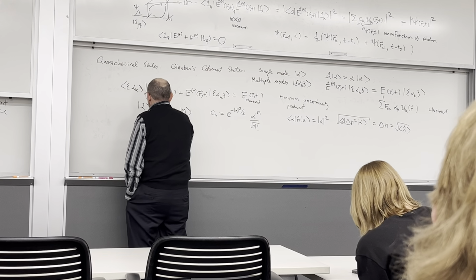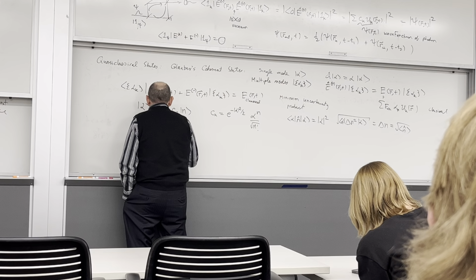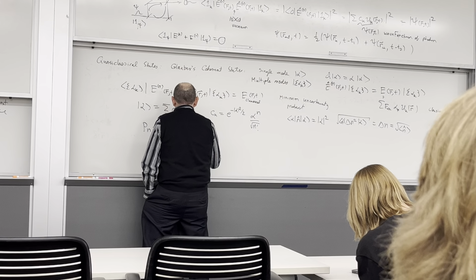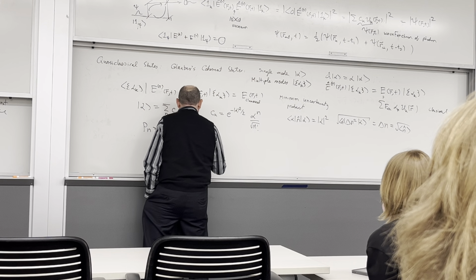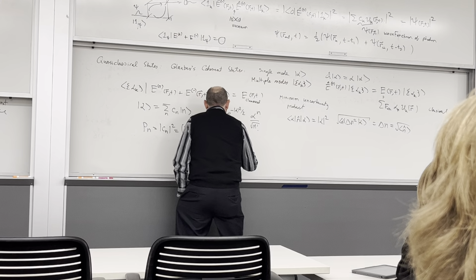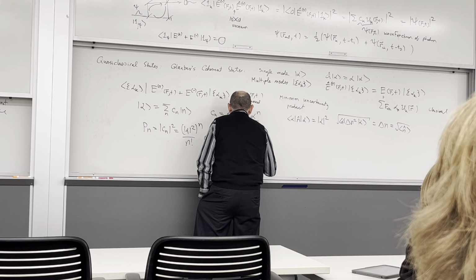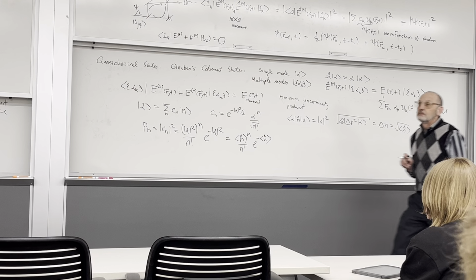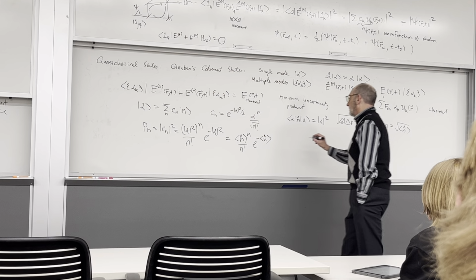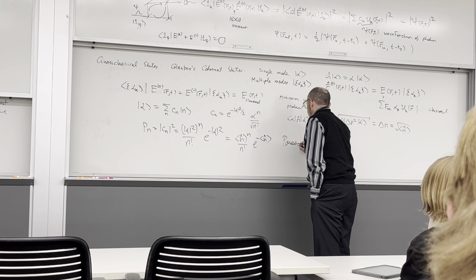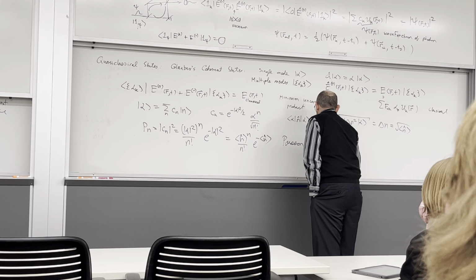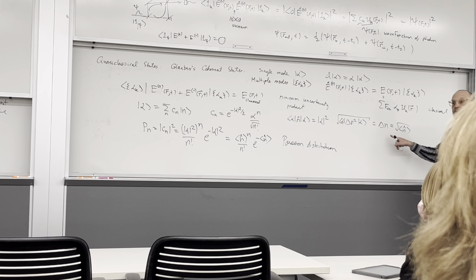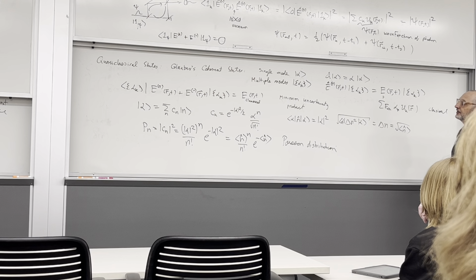The probability distribution of seeing n photons, the square of the amplitude, is, of course, we remember, the Poisson distribution, which has this kind of variance. The Poisson distribution has this kind of variance.